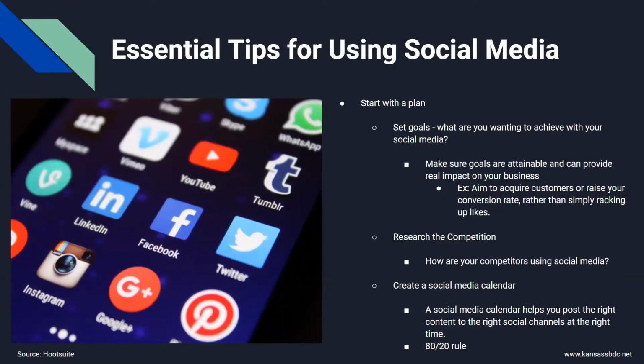These types of things can really give you an idea of how you might want to adopt your approach to social media. And it can be very helpful if you are on a platform that has a bit of a learning curve, that you're not too familiar with. Seeing how your competitors are utilizing it can really help you figure out what your strategy can be.